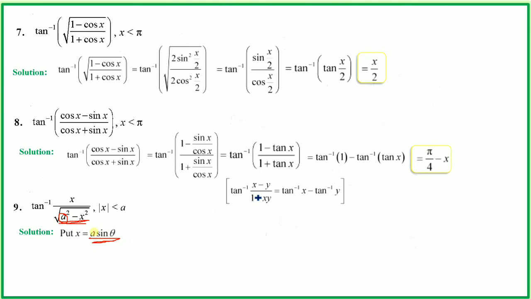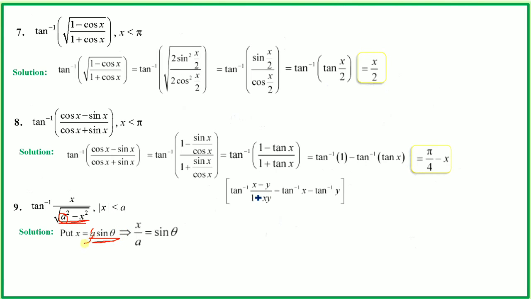If it had been 1, we could have put 1 into sine theta, but since we have a here, we want this a so that both a's can be taken out of the square root. So we put a sine theta. Why? Let us see the next step.